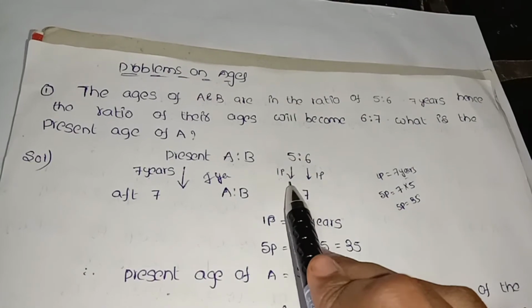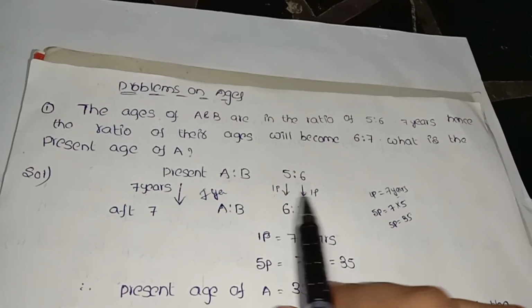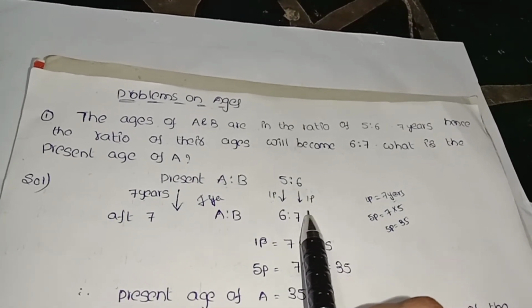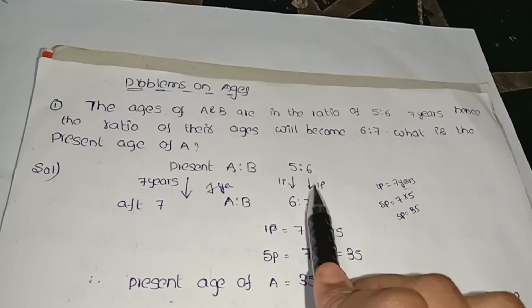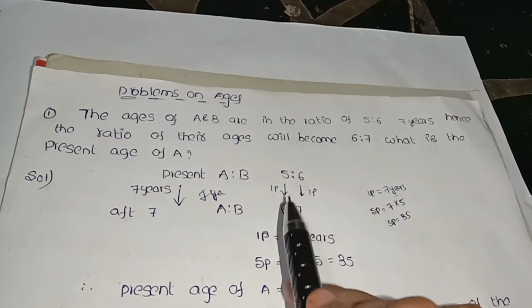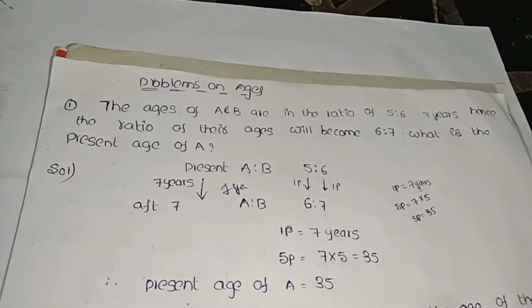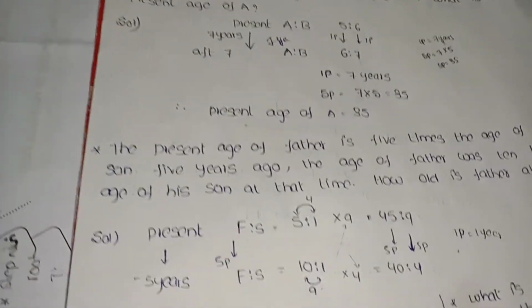Here, the two parts are the same. There is no difference between these two. Here there is a difference of one part and here there is a difference of one part. But in some questions there are no same parts. Here 2 parts are there, here 3 parts are there. So in that case what do we do? Let us see another example for answering that kind of question.